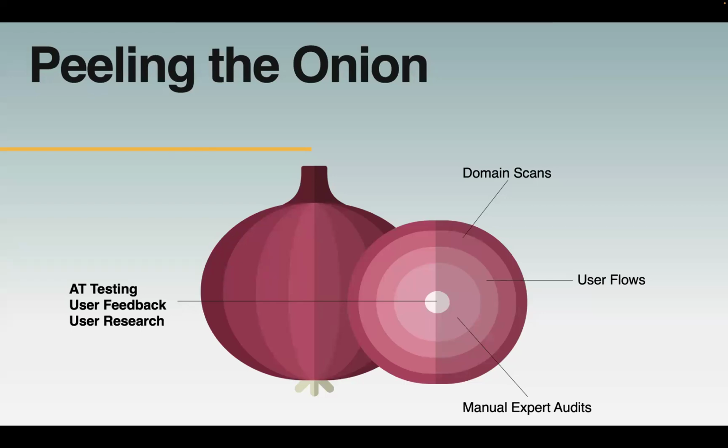And then finally, that nugget in the middle, that gold in the center, if you like, is the likes of AT testing, user feedback, user research, getting the user's view. As I said, the ultimate arbiter of just how accessible a site or application is going to be is actually testing with the AT and testing with the users, doing that user research, because that's going to tell you really, is it efficient?